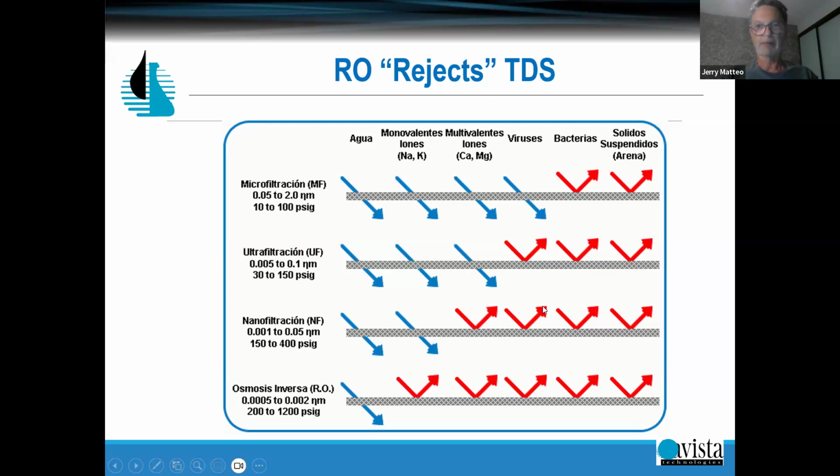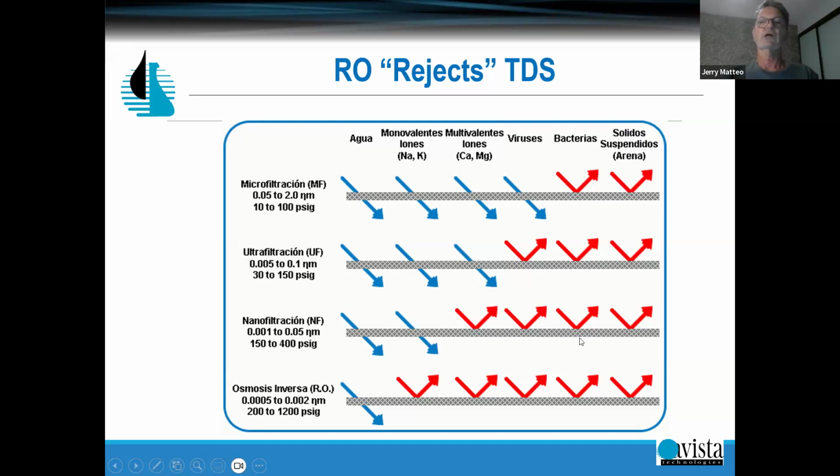Suspended solids don't go through, bacteria doesn't, viruses don't, and different types of dissolved solids don't, which is good. It's going to give us super pure water, but we don't want to use our RO membrane to take out suspended solids.